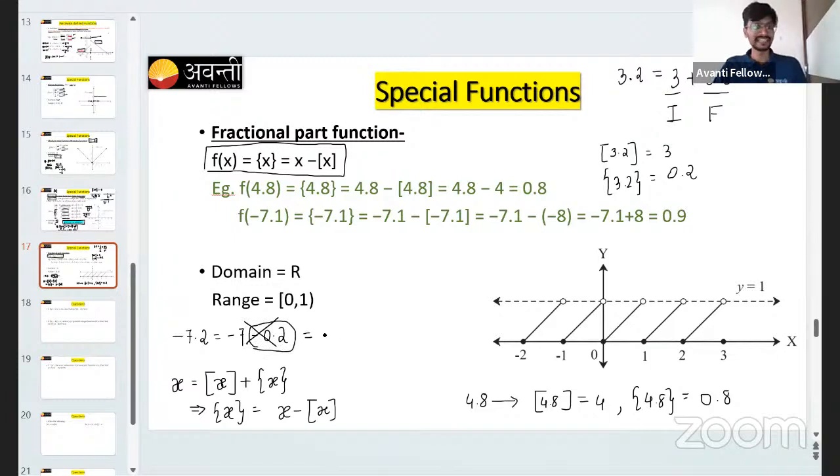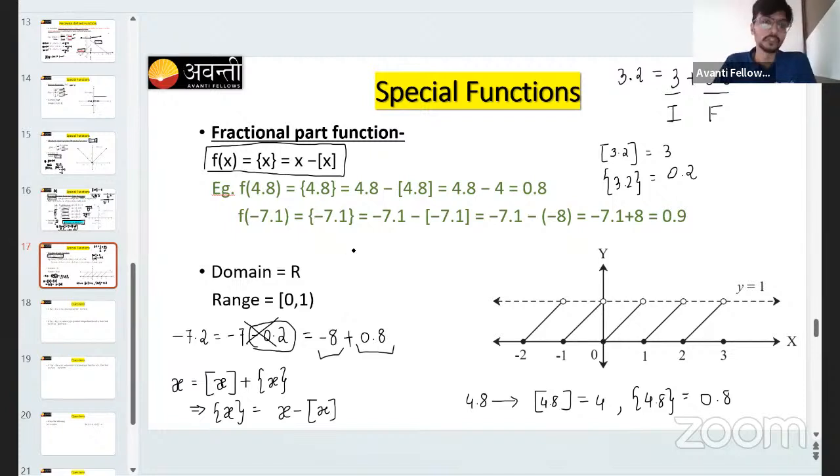So I can write it as, here it gets somewhat tricky, minus 8 plus 0.8. Please check this. Here, the fractional part is between 0 and 1 and minus 8 is an integer. So this only you have to take care of. For negative numbers, the fractional part is somewhat tricky, but if you understand the basics, it will be very easy to go.